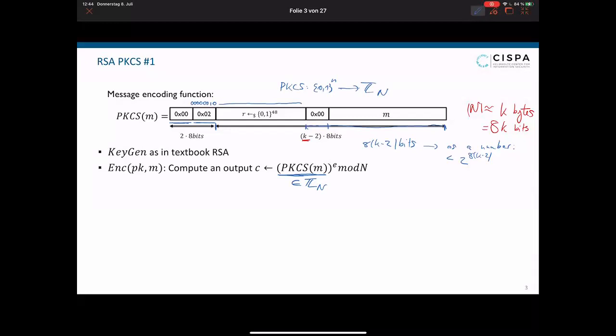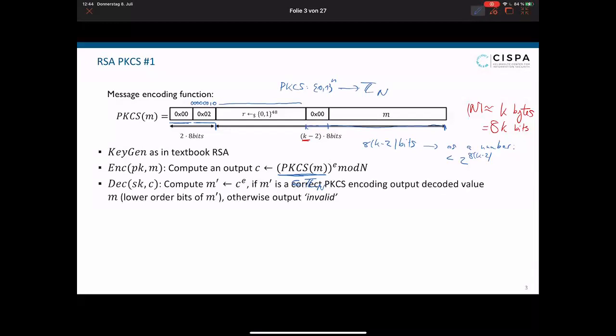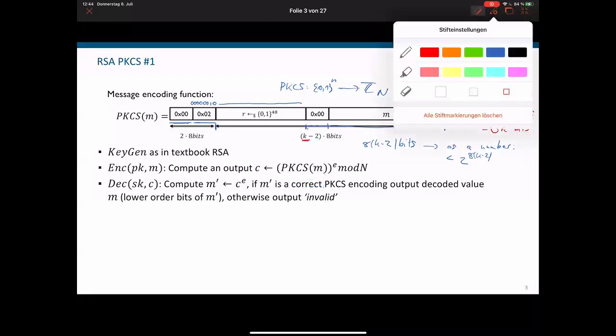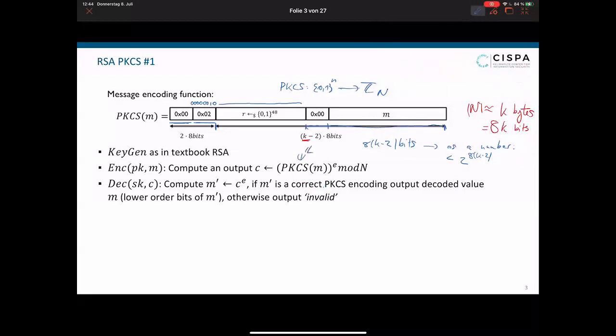All right, good. And now decryption. Let's read. This is in Zn. Decryption just does the following.